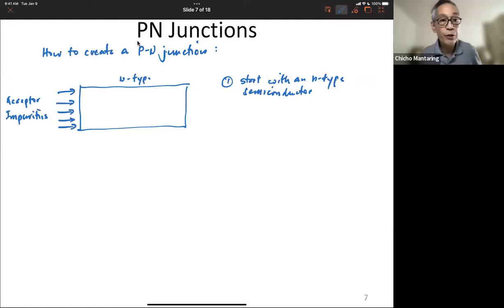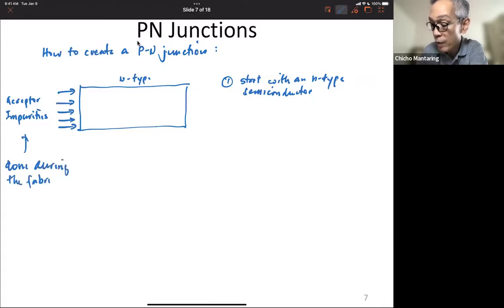At one end, you introduce acceptor impurities. Now, this is done during the fabrication process. Usually you do it in what is called a diffusion furnace or diffusion oven.